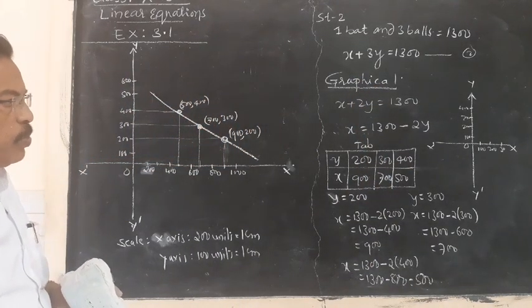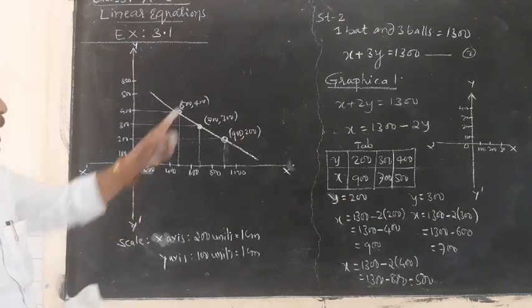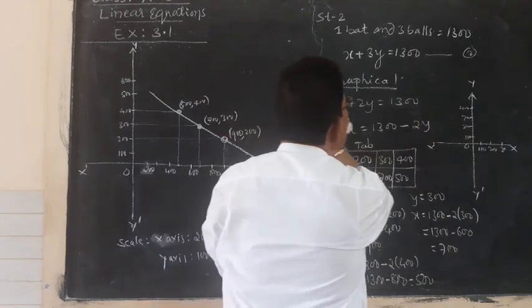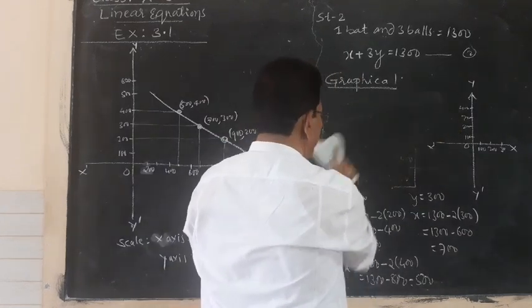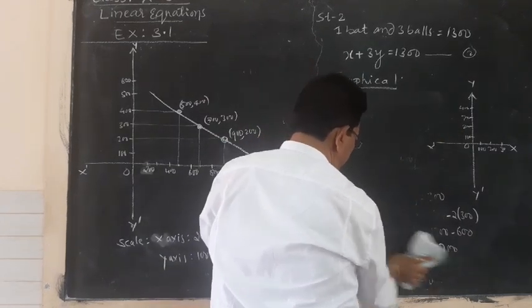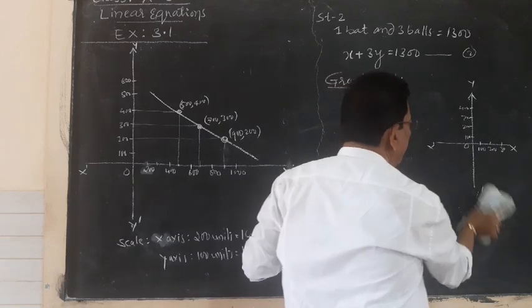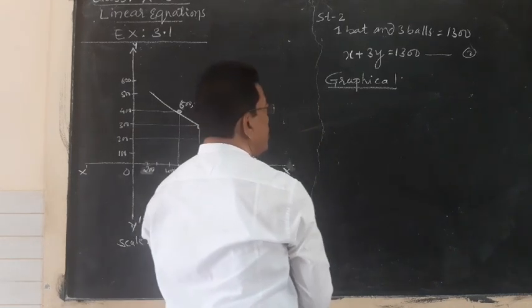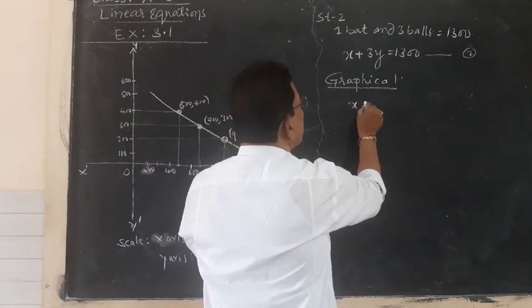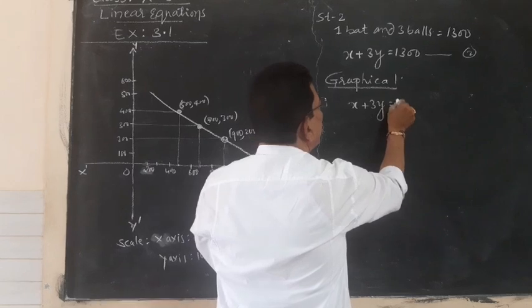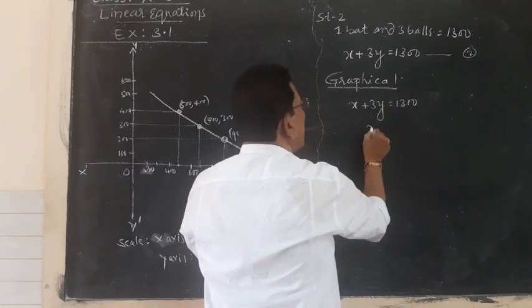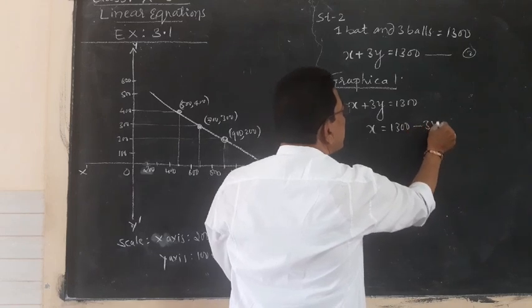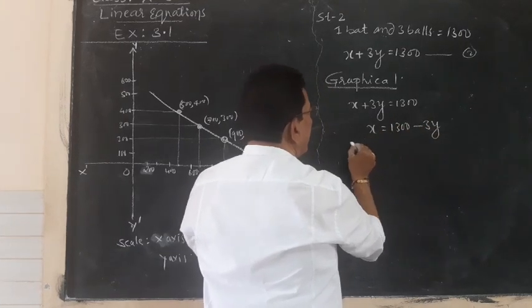Okay. Now let us move to the second equation, x plus 3y equals 1300. Yes, equation 2. Let us convert it: x equals 1300 minus 3y.